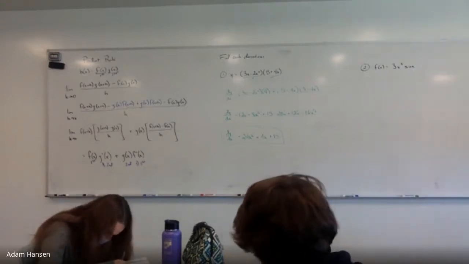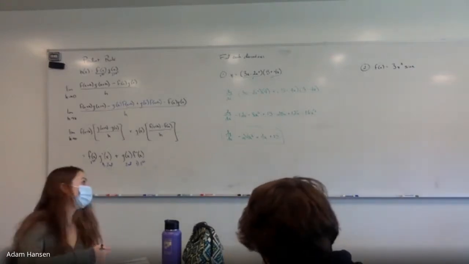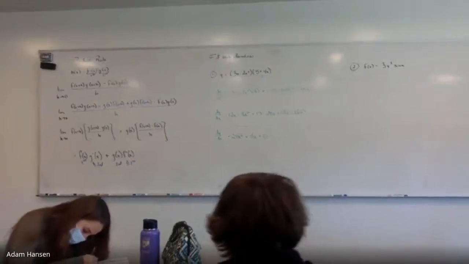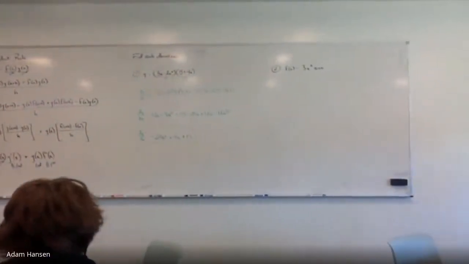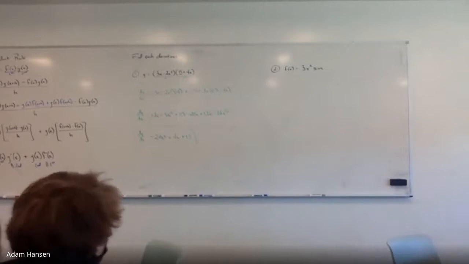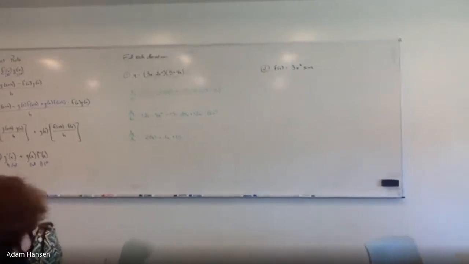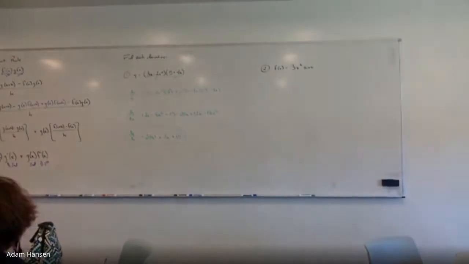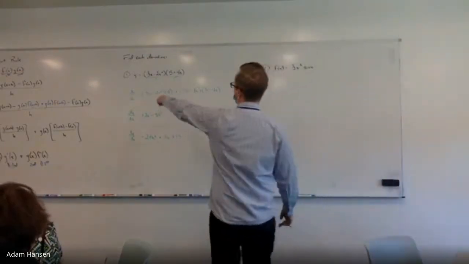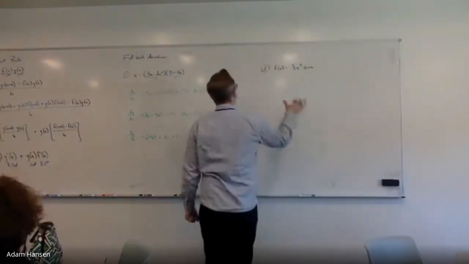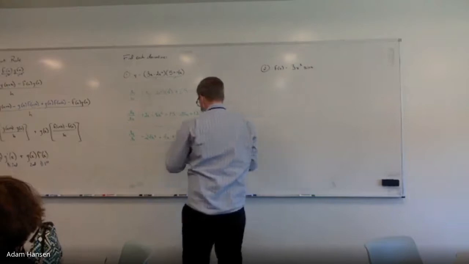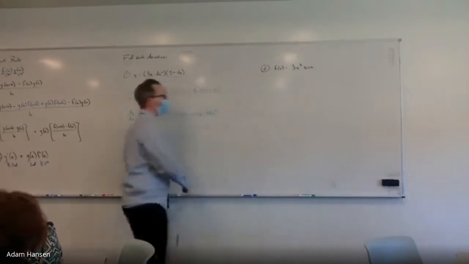Next up, y equals 3x squared sine x. Maybe it's not quite as obvious what the first and second functions are. So as I underlined them in green in the previous example, let's do the same thing here. What are the first and second functions?